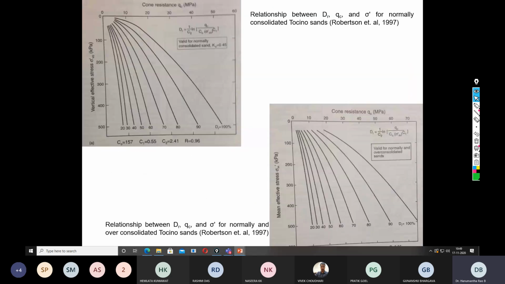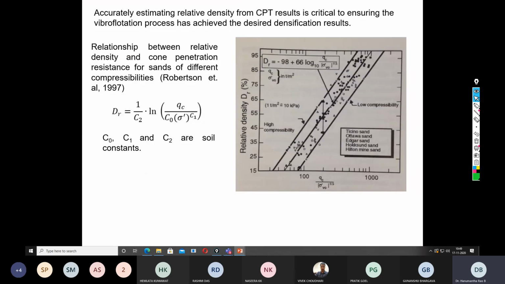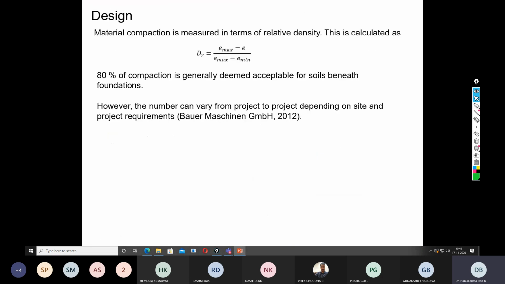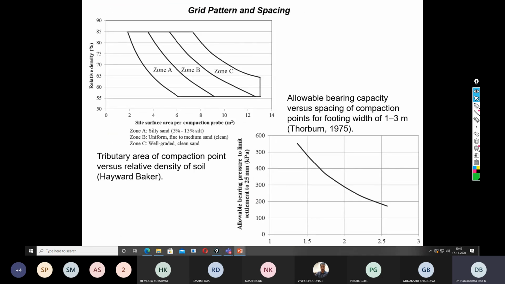Sir, these are all. Skip it. So this is what it is all about the vibroflotation technique.